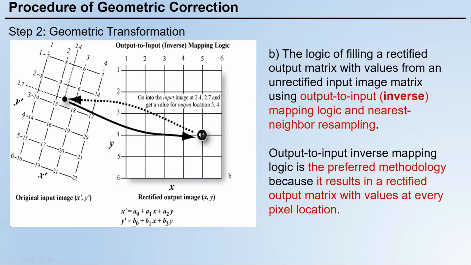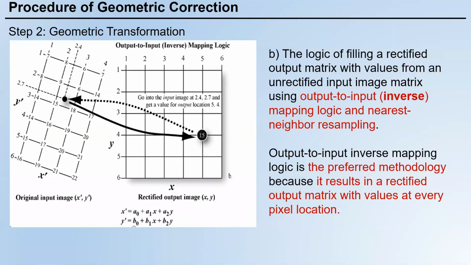This time, non-integer coordinates are assigned to a specific pixel in the input image. That pixel actually doesn't exist, right? Because only integers can be assigned to pixels, but this pixel should be 2.4 and 2.7. It doesn't make sense. So how do we find a value for this pixel so it can be assigned to the output image? Again, we can use something called resampling.